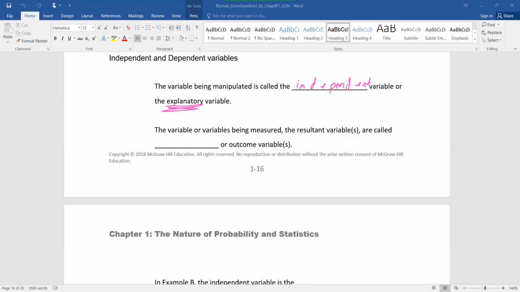So I don't know. The variable or variables being measured, or the resultant variable, that's another key word, are called the dependent or outcome variables.